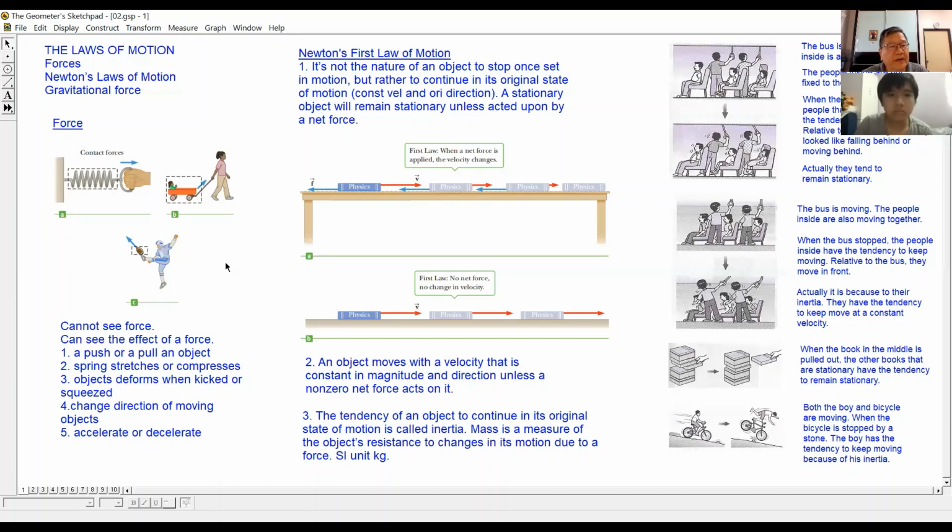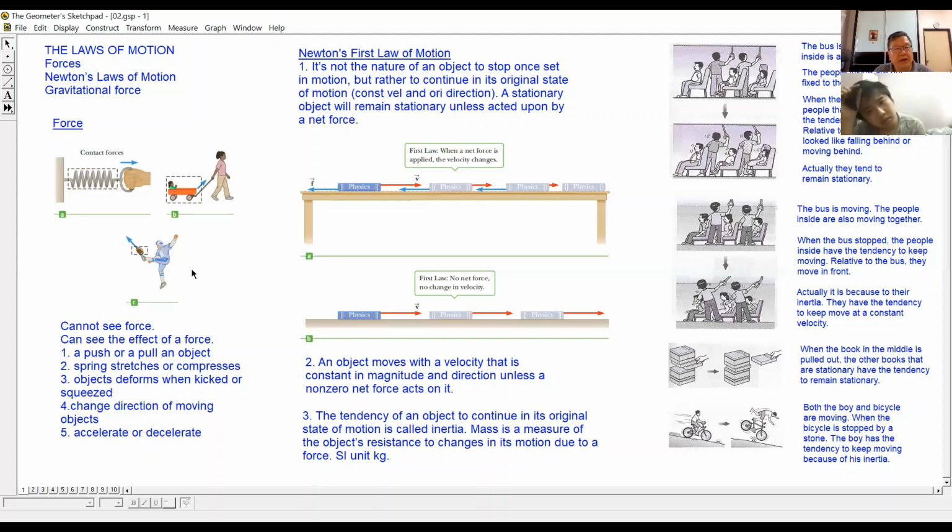Another example is when you kick a ball or hit a ball with a tennis racket, the ball actually compresses. Or when you squeeze a wet towel, the towel is compressed or twisted. All this shows that there is a force acting on the object.